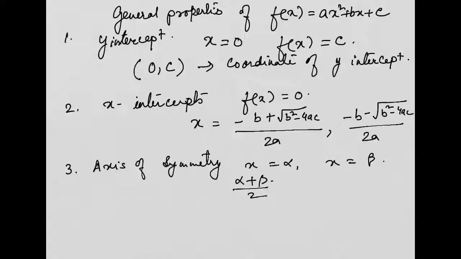By averaging these two, the discriminant part cancels out, and I get my axis of symmetry at x equals minus b by 2a. Now, as my axis of symmetry is there, my turning point or the vertex of the parabola would also lie on that axis of symmetry. So, how do I find out the coordinates for this?